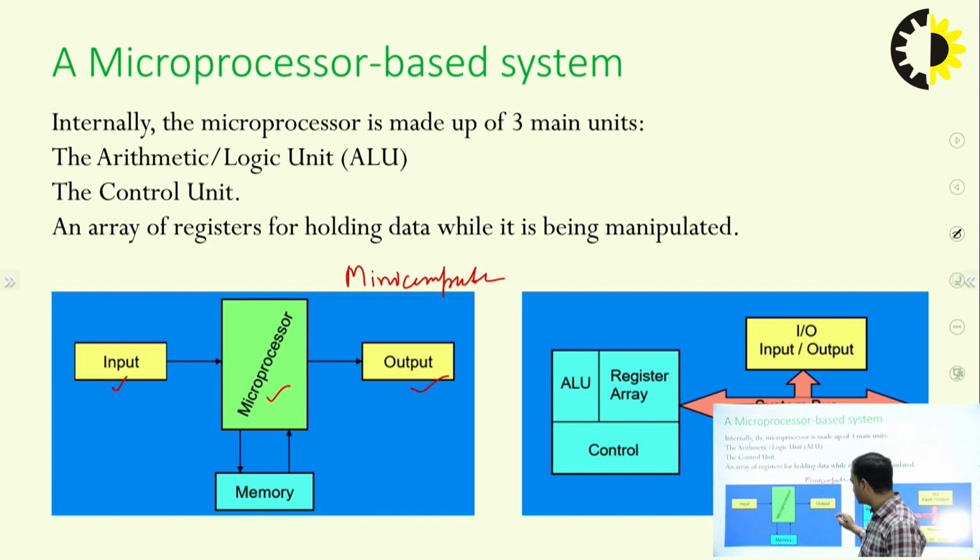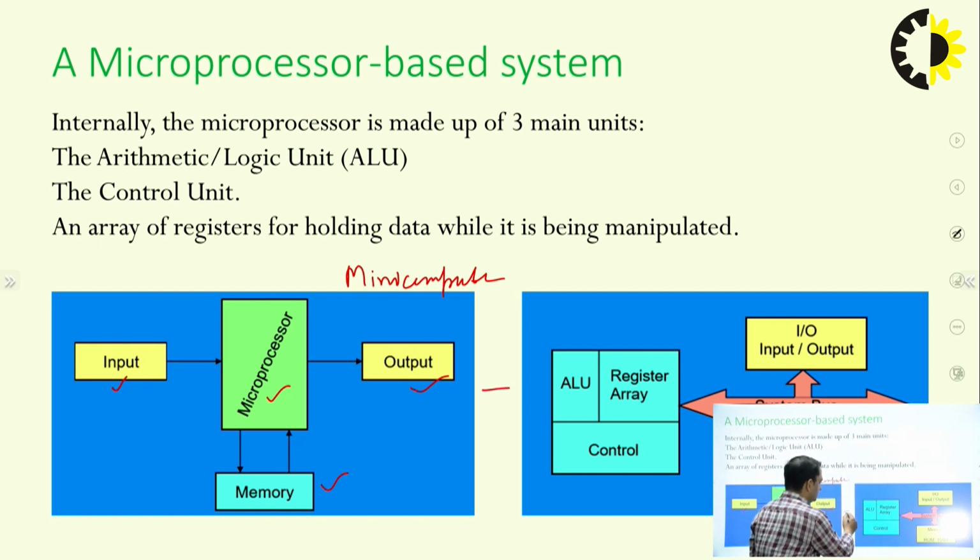We have the outputs, which are nothing but your display and printers, onto which we see the results. Then along with it, in the microcomputer, we have the memory, which can be RAM, ROM, and so on.